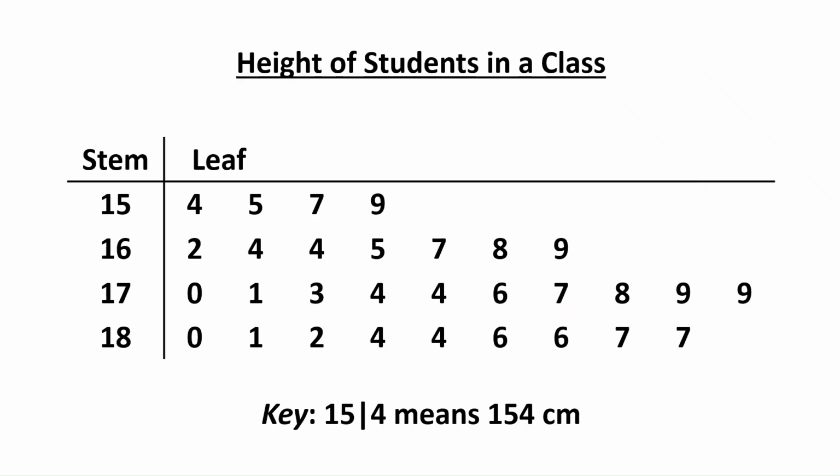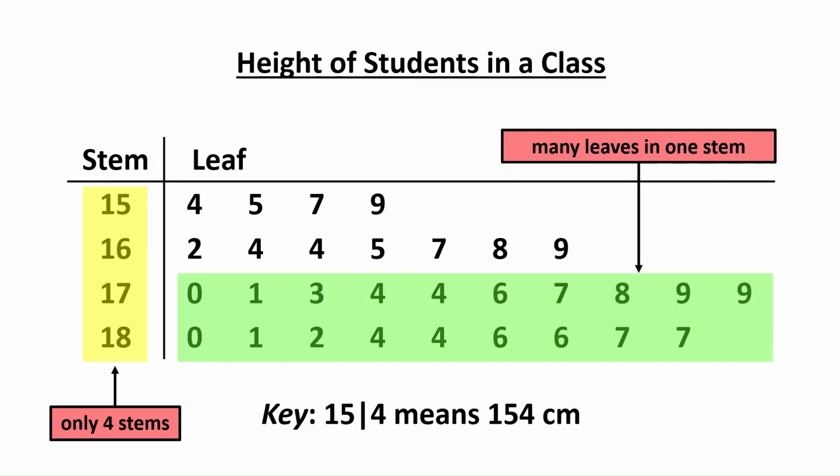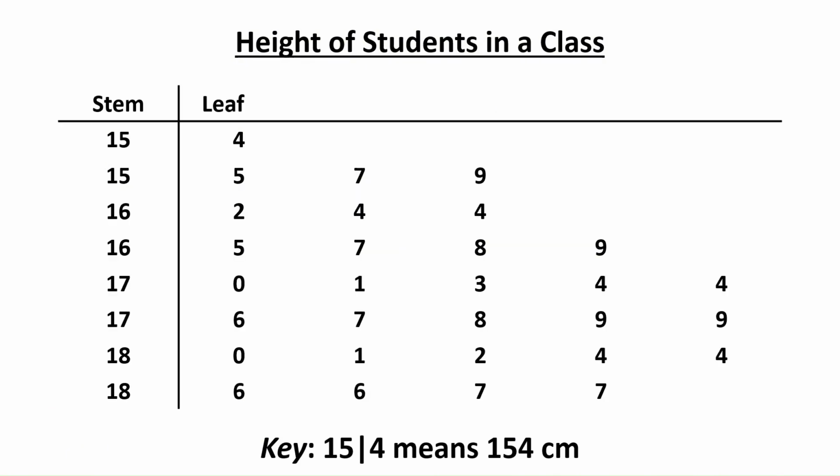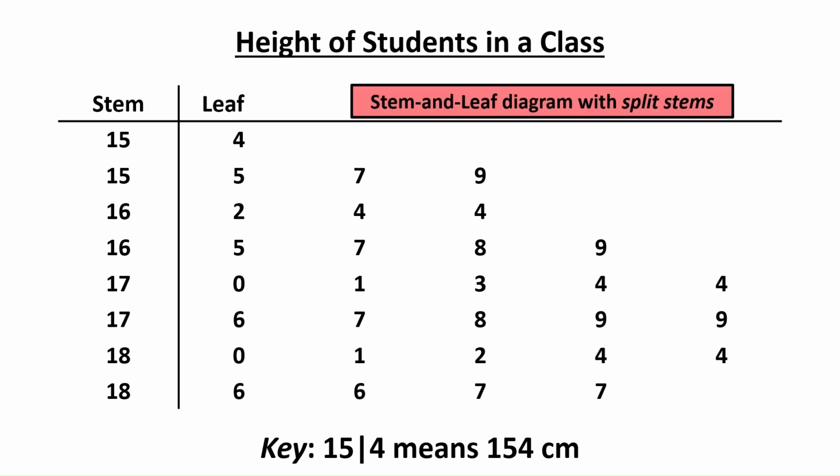Here is another stem and leaf diagram showing the heights of students in a class. Notice that there are only a few stems and many leaves in one stem. When there are too many leaves in one stem, we can represent the data using a stem and leaf diagram with split stems. Notice here that we have split the leaves for the stem 15 into two groups.